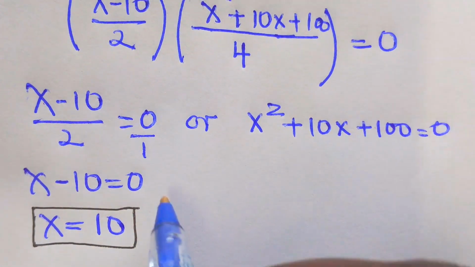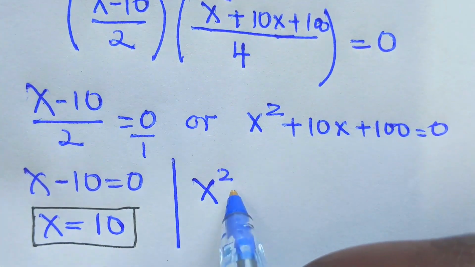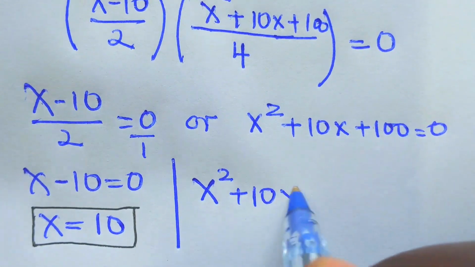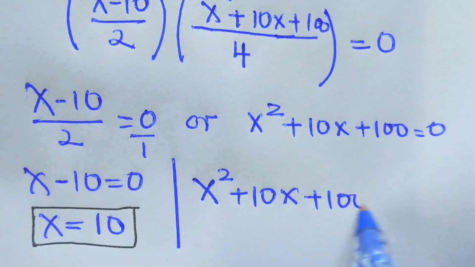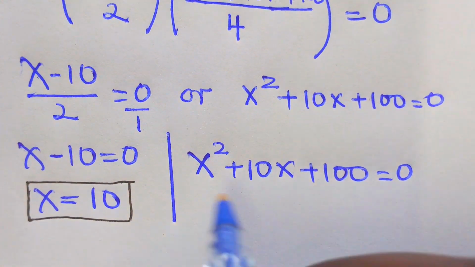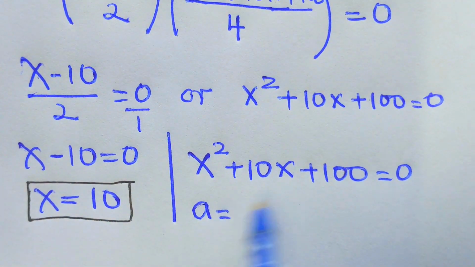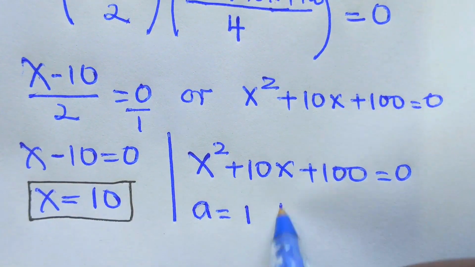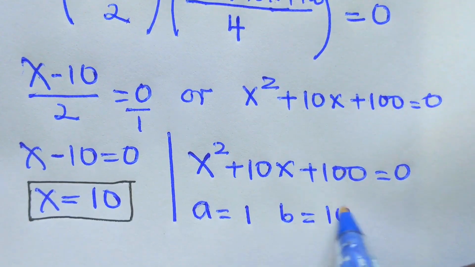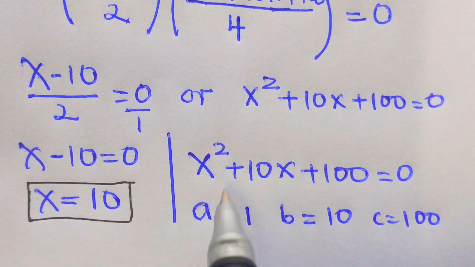Another, we get the quadratic equation x squared plus 10x plus 100 equals 0. Of course we have a equals 1, b equals 10, and c equals 100, as you see.